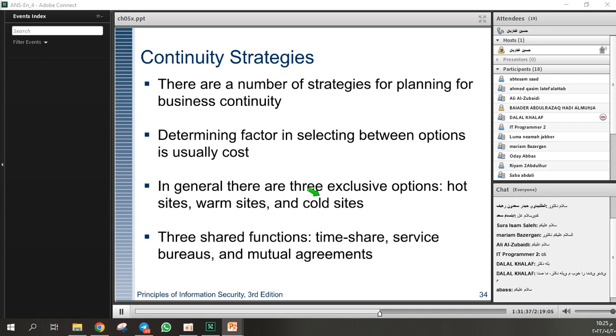Okay? And the last one is the cold site. Cold site means that I have another site, but it's not equipped. If something bad happens, I should travel to that site, equip it first, and after that, continue my business over there.